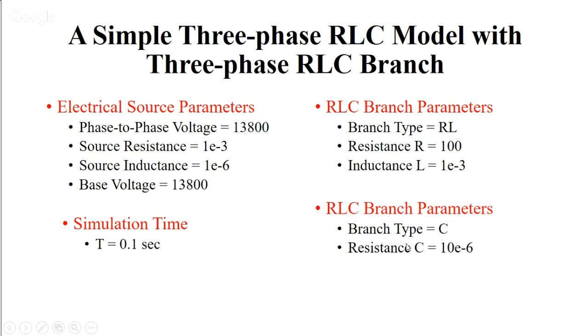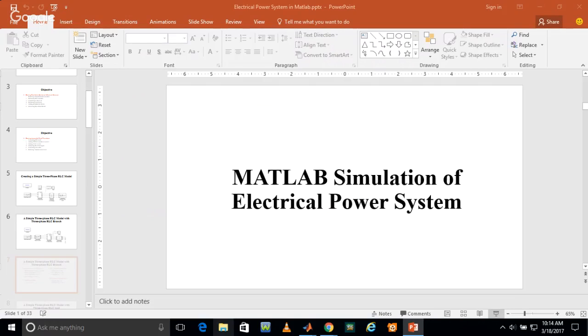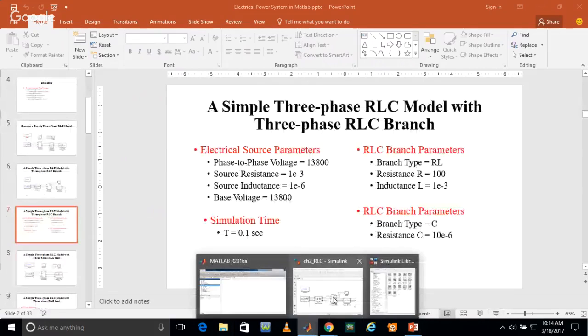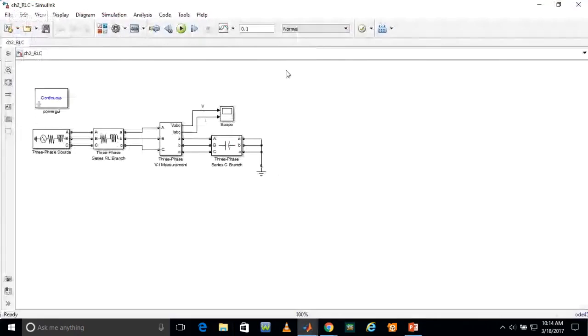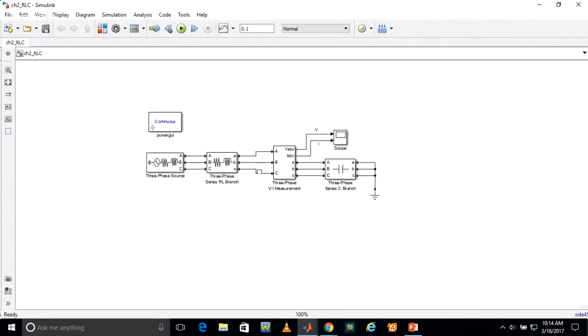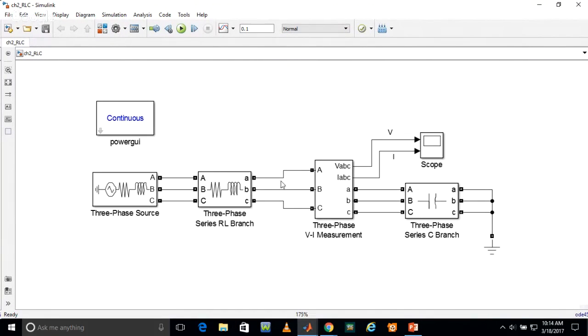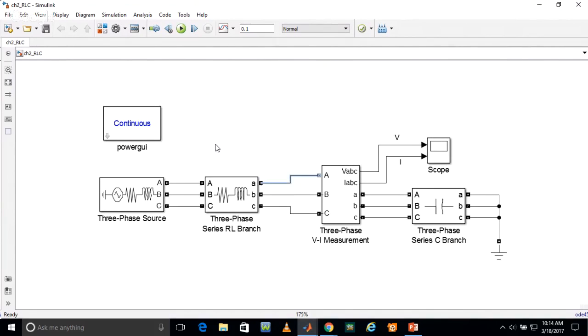Now I'm going to show you this in our MATLAB simulation file. As you can see, this is the same circuit. In this, as you see, we have the powergui and a three-phase source, a three-phase RL branch, a three-phase VI measurement, and a three-phase series C branch.